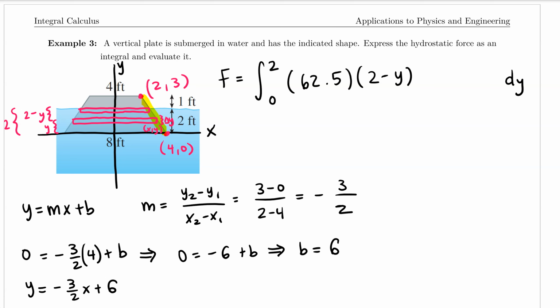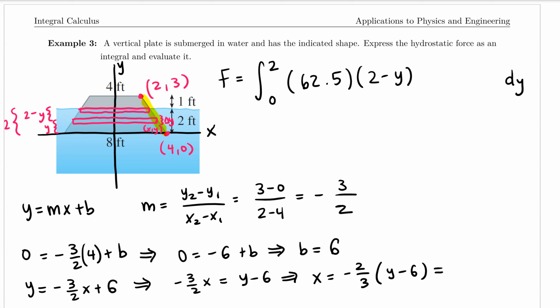So how is that helping us find the length? Well, I need to solve this equation for x. So I'm going to subtract 6 on both sides to get negative 3/2 x is equal to y minus 6. And then I'm going to isolate x. So we get x is equal to negative 2/3 times y minus 6.